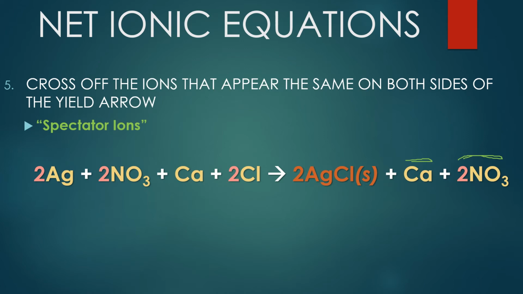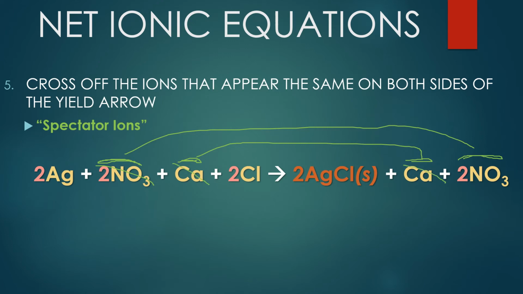And if you look at the beginning in the reactants, we have a calcium ion right here, and right before that we have two nitrates. They're exactly the same. This is exactly the same as this, and this is exactly the same as this. So we can cross these out. They cancel each other out because they're both exactly the same on either side of the yield arrow. So let's just cross these out.